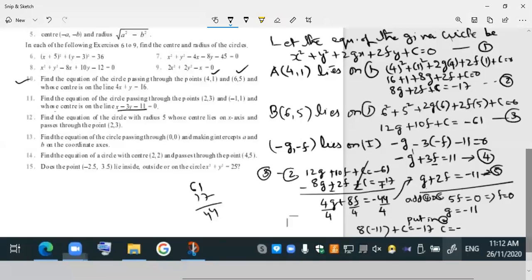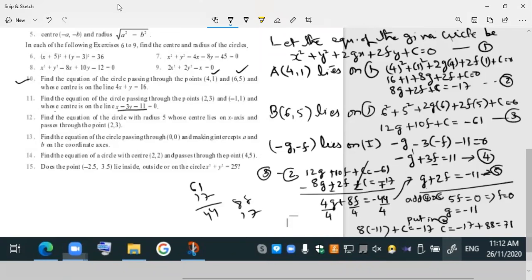So C will be equal to minus 17 plus 88, so 88 minus 17 is 71.